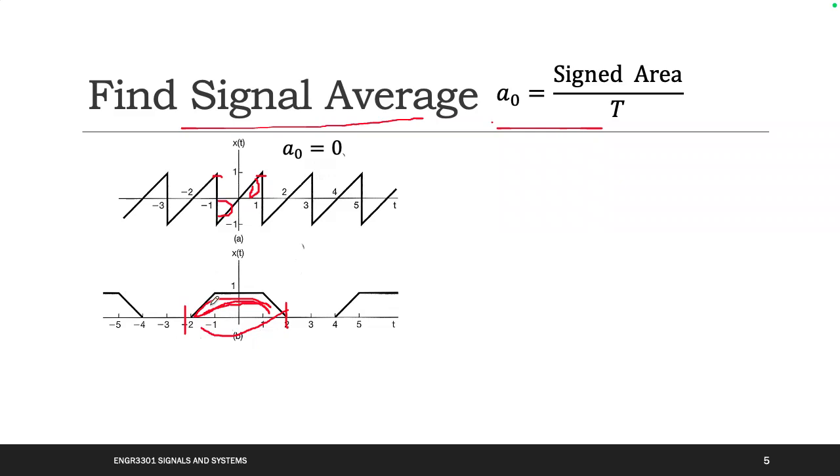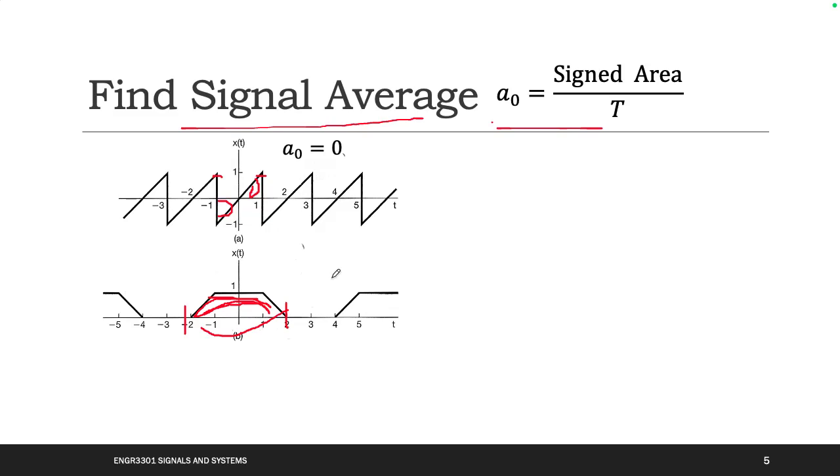What's the area for this shape? Do you remember? I think it is, yeah, over 2. Is that right? And then divided by the period, which is 4, am I right?